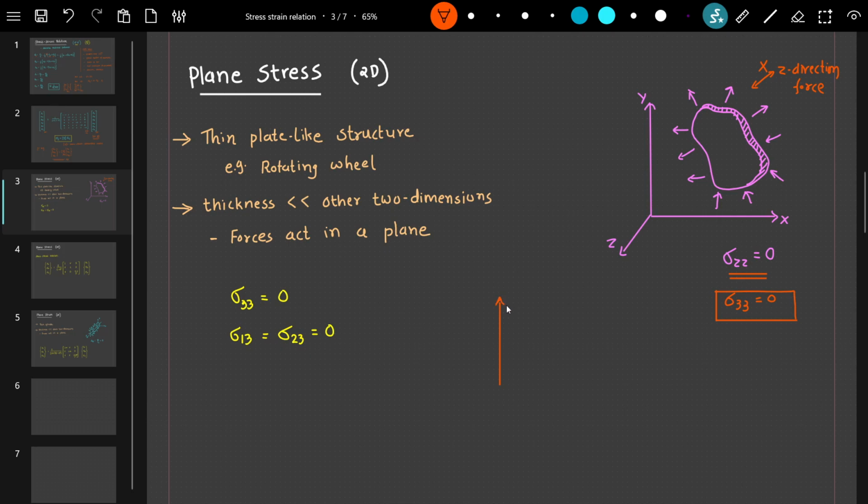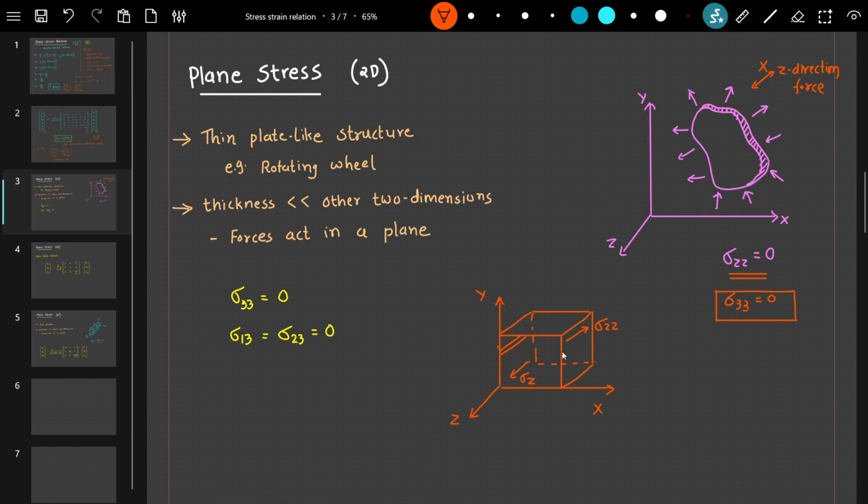Okay, we have an infinitesimal volume element or cube, with axes X, Y, and Z. So we know sigma ZZ acts on this plane, and similarly it also acts on the opposite face.